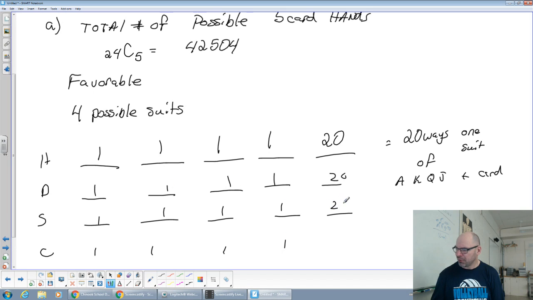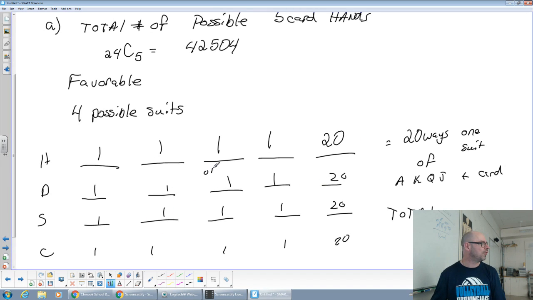So there are all your possibilities. How many possibilities total do you have? There are 20 ways you can get hearts and 20 ways you can get diamonds.